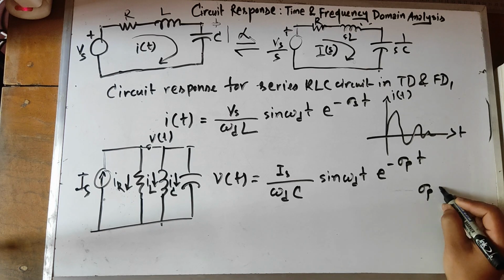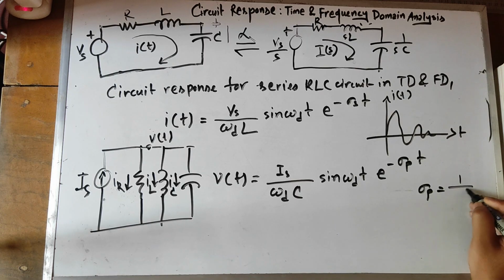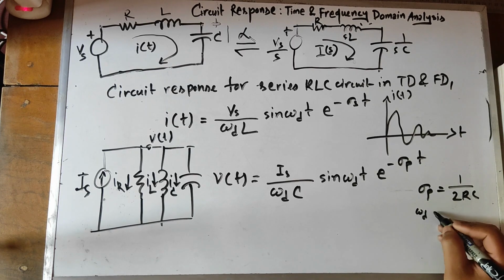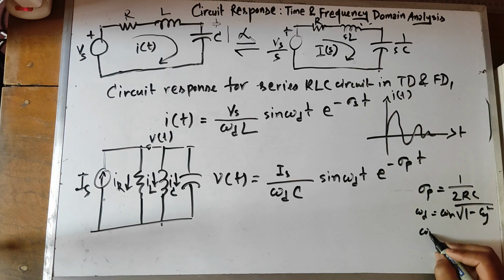Here sigma p is the damping factor of the parallel RLC circuit, which is 1 by 2RC, and omega d is the same as always, omega n times root of 1 minus the damping ratio squared, and omega n is 1 by root LC, and that's basically it.